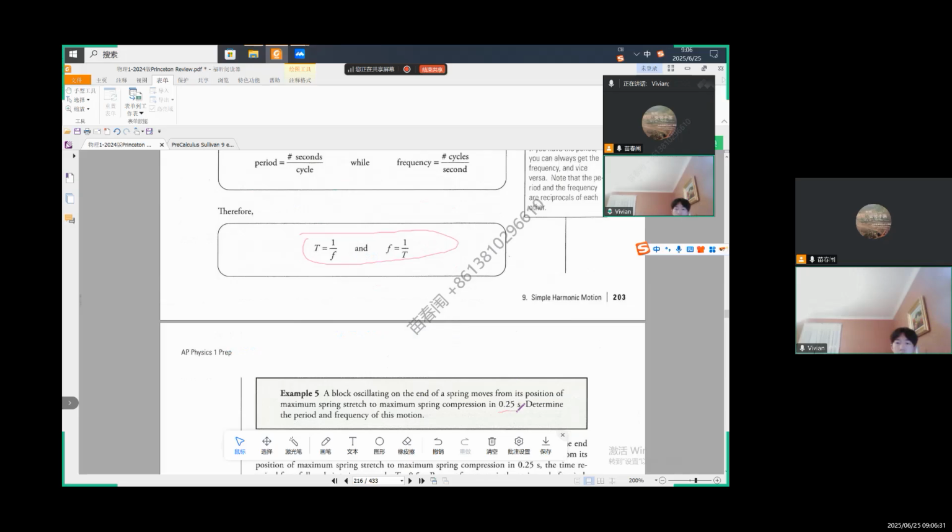Frequency equals 1/time. When you say time, you mean period, right? Yeah, period is T. This is period, not just any time. For one cycle. One cycle motion is from position max. Period of frequency.